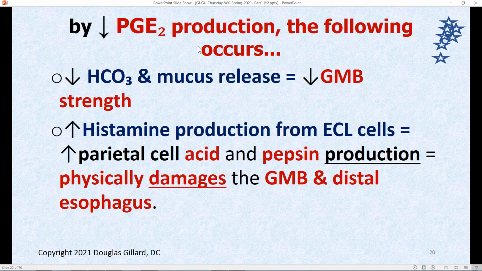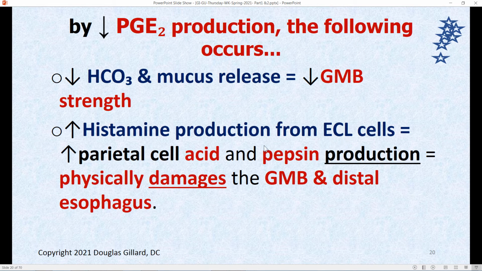Without PGE2 coming out the basolateral surface of the mucosal cells, you're not going to have bicarbonate. You're not going to have mucus release, and there goes your gastric mucosal barrier. In addition to that, you're not going to be able to turn off the ECL cells, enterochromaffin-like cells.